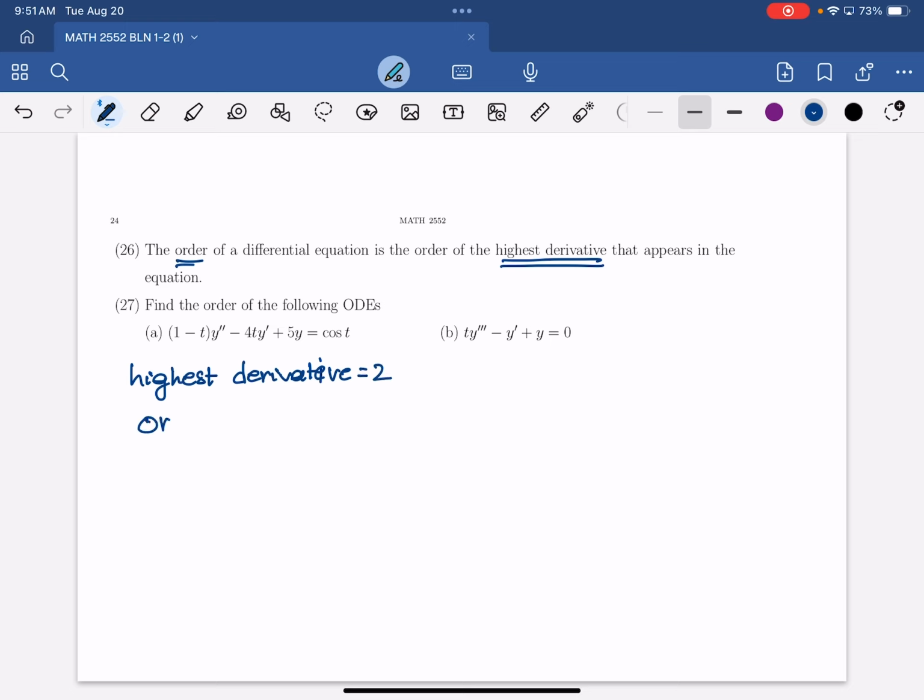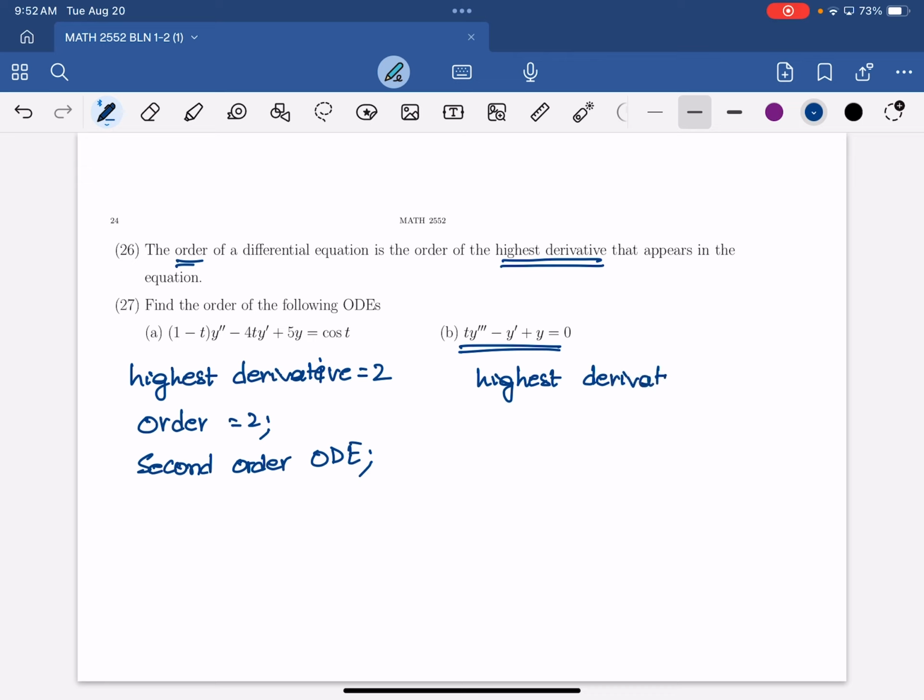So the order of the differential equation is 2. So this is a second order ordinary differential equation, called a second order ODE. Clear? In this problem, the highest derivative is 3.